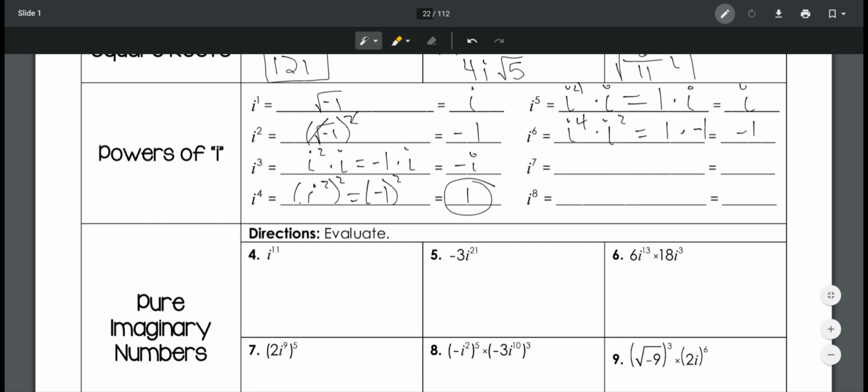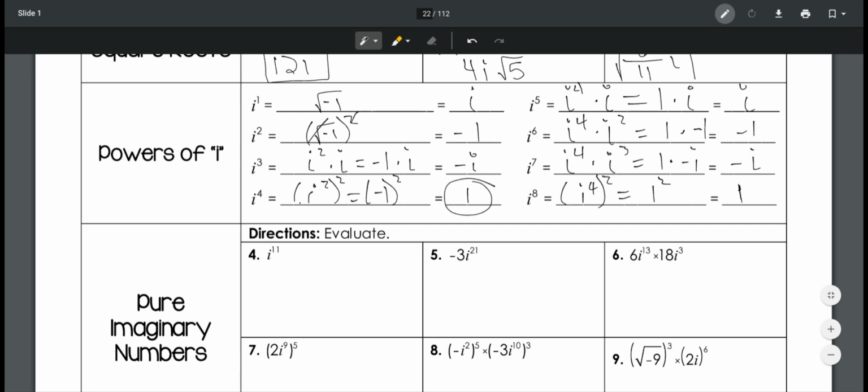In example i to the seventh, I have i to the fourth, which I know is 1, times i to the third, which I know is -i. So I get 1 times -i, which is -i. And then I have i to the eighth, which is i to the fourth squared, which is 1 squared, which is 1.